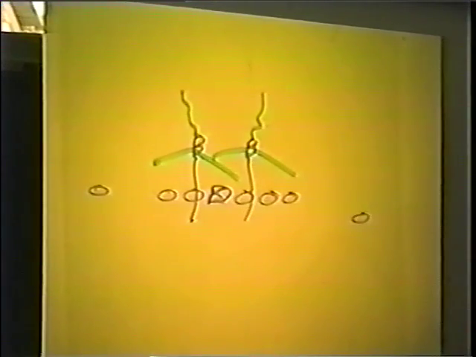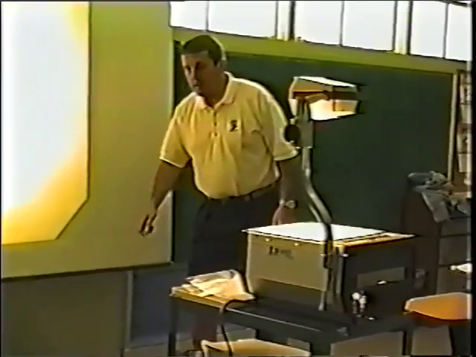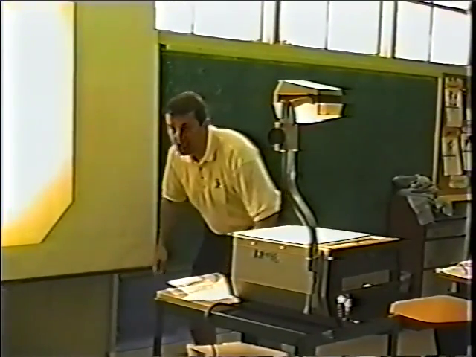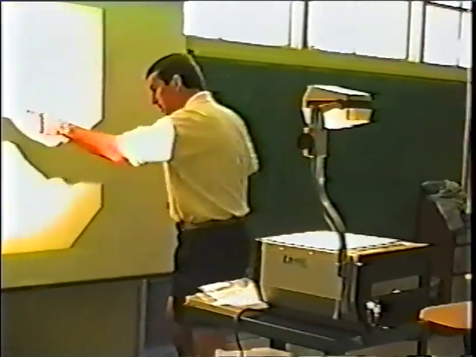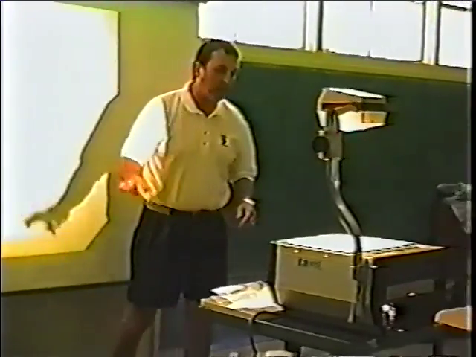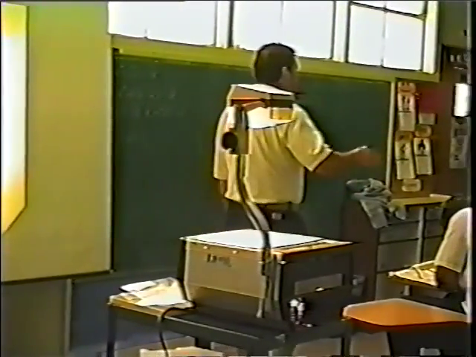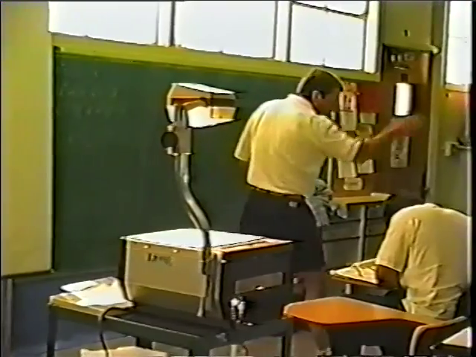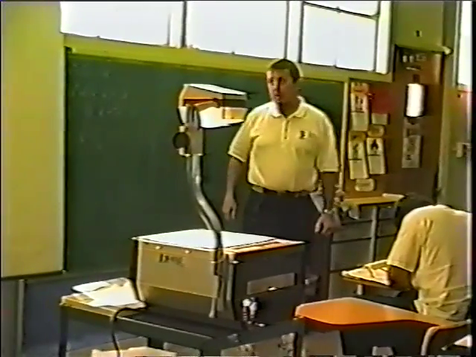You've got to show them in person and on film what the two things look like. Zone, I'm dropping like this. No way I'm playing man-to-man when it's like that. In man-to-man, I'm going to sit for a second, and I'm going to flash. I'm going to run to cover a guy. If there's a guy running a swing or a flat, that linebacker is running to cover a guy. And there's a big difference.